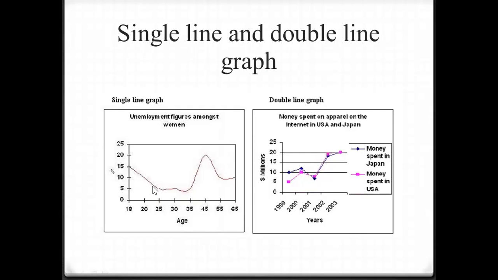As you can see here, the graph is plotted on a single line. Whereas the double line graph has two variables, for example, the amount in millions of dollars and the years, but two sets of data are plotted in two lines. For example, the money spent in Japan and the money spent in the USA.